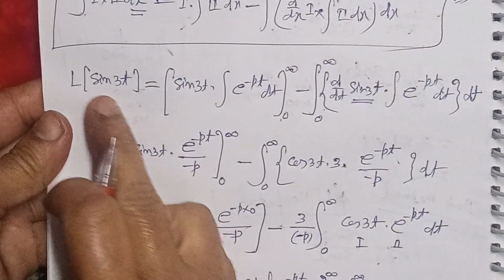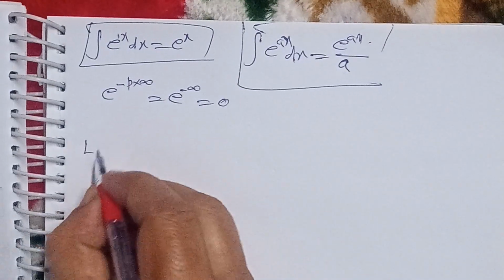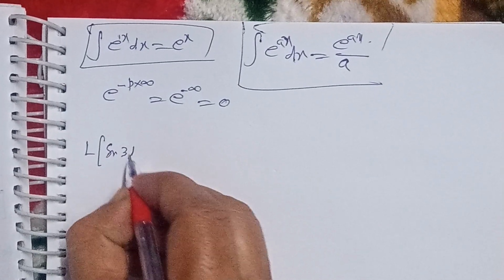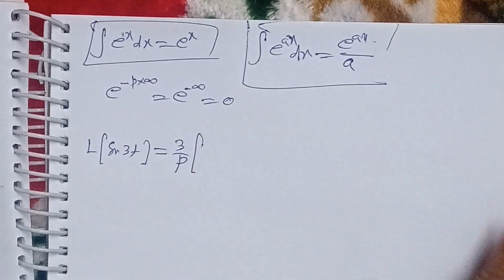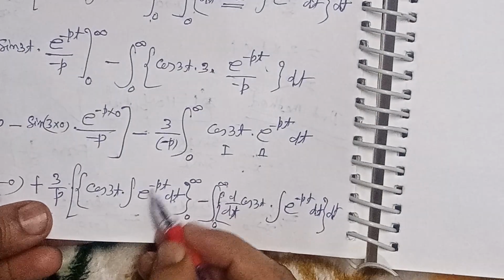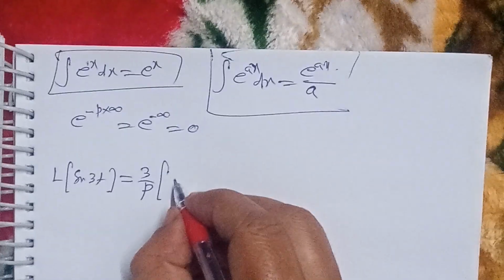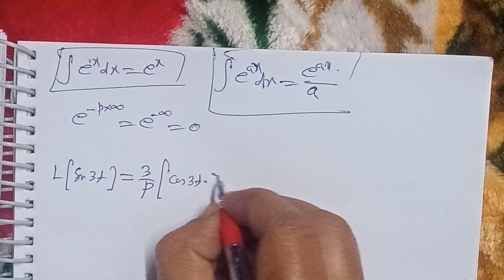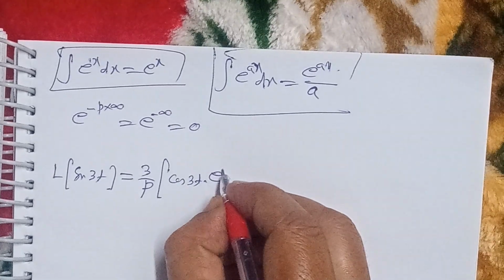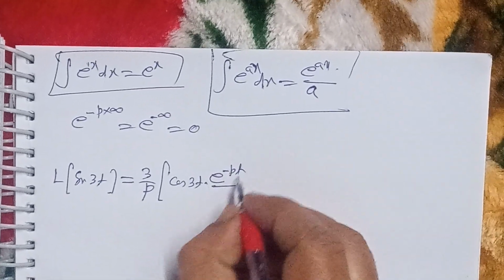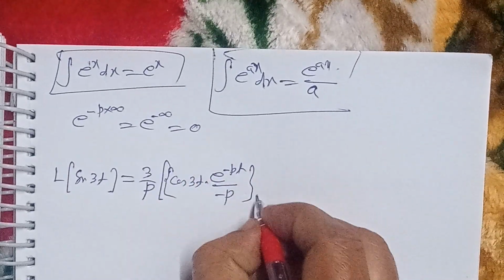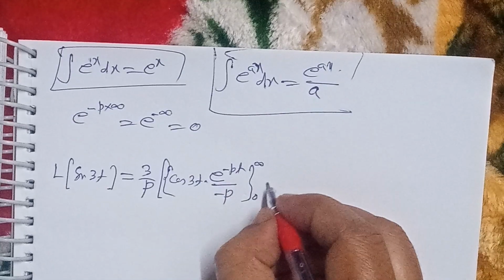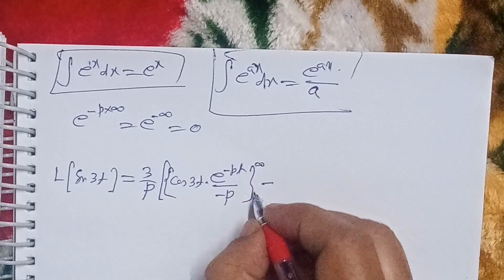Left hand side is Laplace of sin 3t, but right hand side is 3 upon p, and now integrate this value. You have already done it. So integration of e to the power minus pt is e to the power minus pt divided by minus p, and apply limit which is 0 to infinity. Write limit, upper limit minus lower limit.